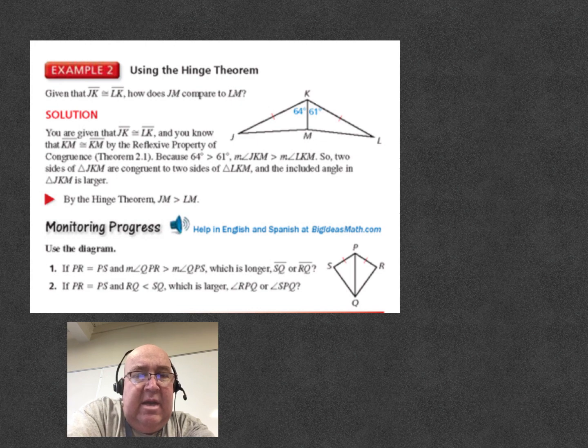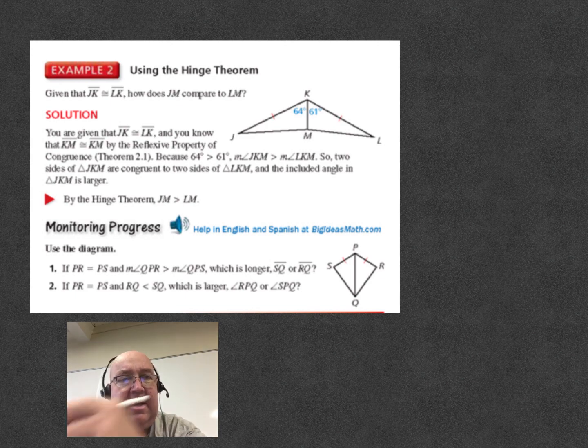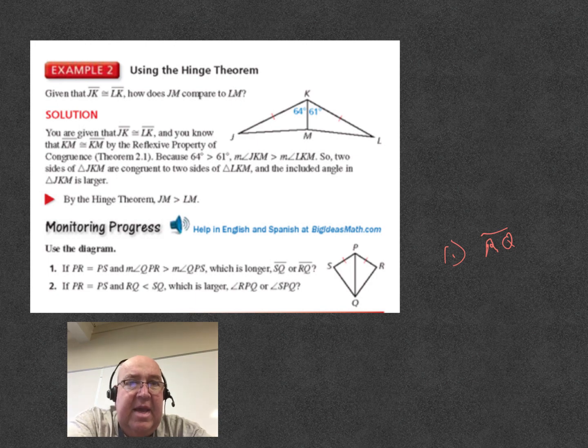If QPR is larger, then RQ is going to be longer. So RQ answers question number 1. Question number 2, if PR equals PS and RQ is greater than SQ, which angle is larger? It's going to be RPQ.